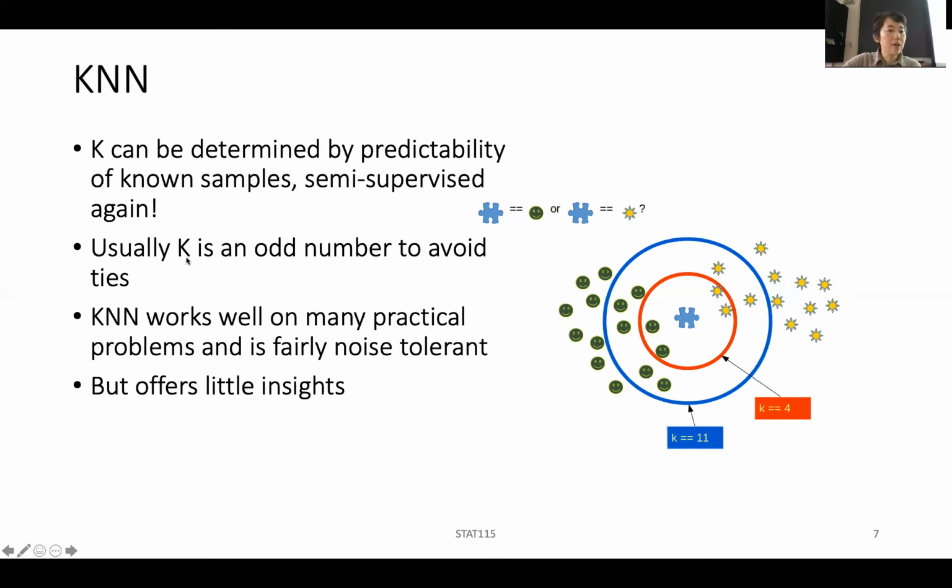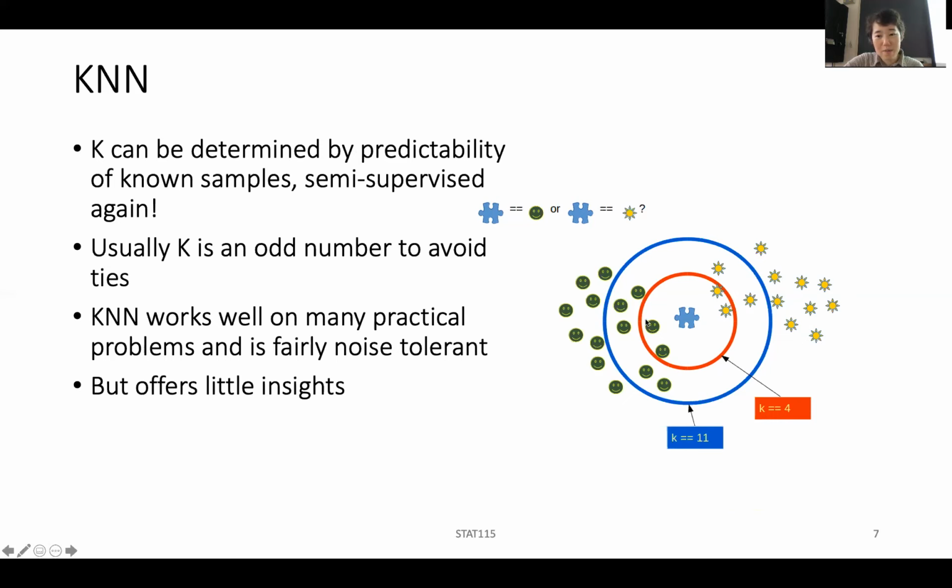So in here, for K, usually people pick an odd number. This is just in case you have a tie, because if you have 2 samples saying this is normal and 2 samples saying this is disease, then at the end you still cannot make up your mind. But if you have 3, 5, or 7, you will always have a majority voting to make a decision.